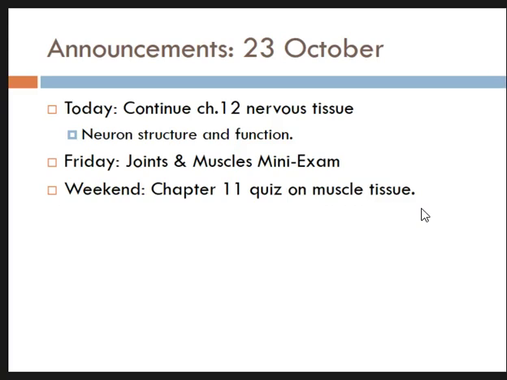Not for this exam, though. They're on there, but you don't need to know anything. They're there as a reference for later. You do not need to know any nerves for this exam on Friday. So again, most of it is kind of never again, except for after.